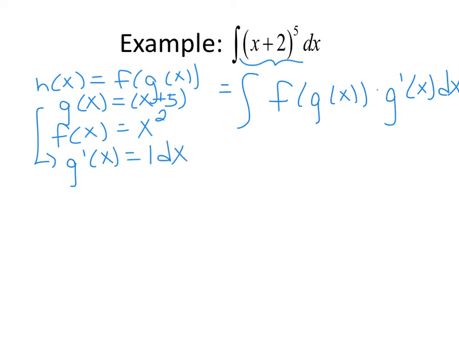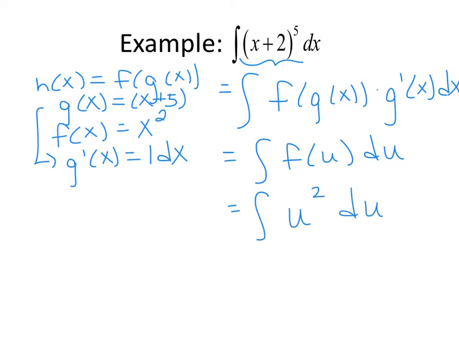So this would work. Then I can restate this as the integral of f of u du, which gives me the integral of u to the fifth du. And we know how to take that integral. This would be 1/6 u to the sixth plus c.